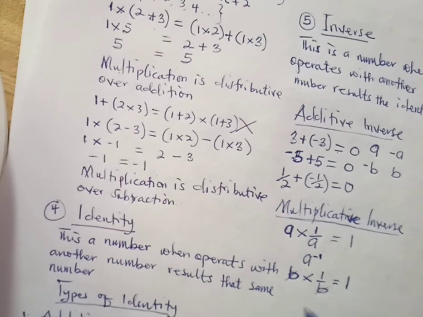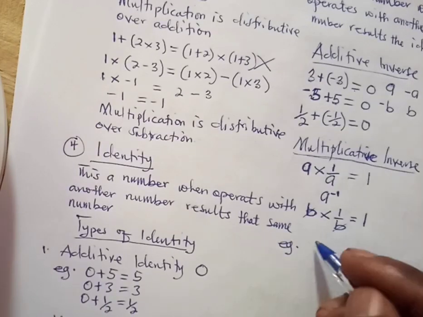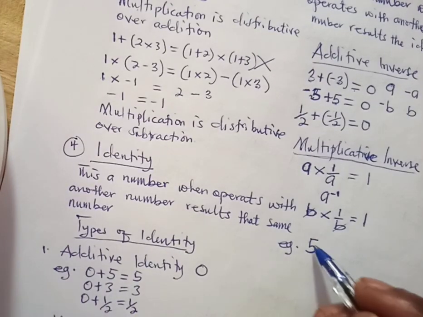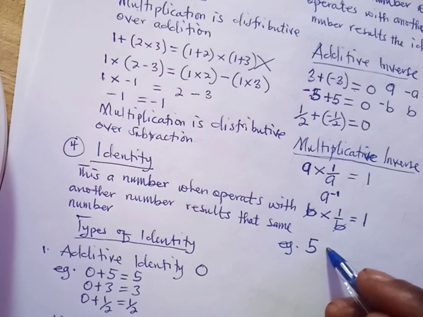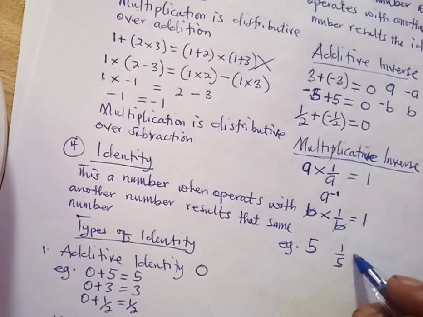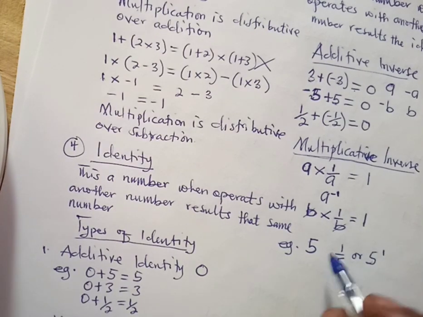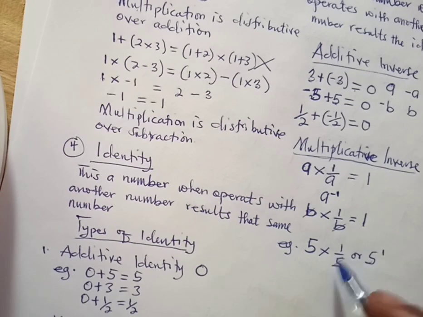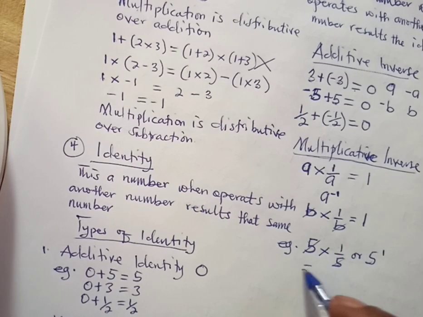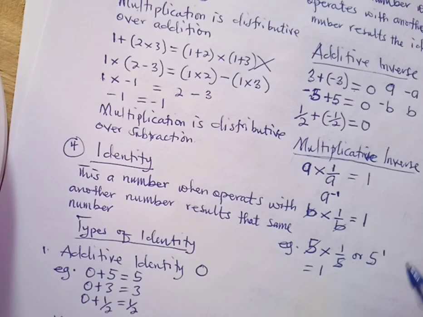For instance, if I give you 5, the inverse of 5 is going to be 1 on 5, or 5 exponent negative 1. This is the inverse, because if I multiply, this 5 will cross this, which is equal to 1. The 1 is the multiplicative identity. I've gotten my 1. Have you gotten that?